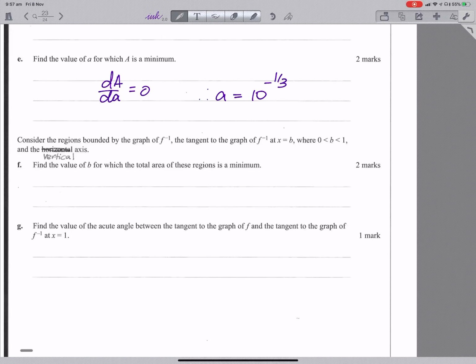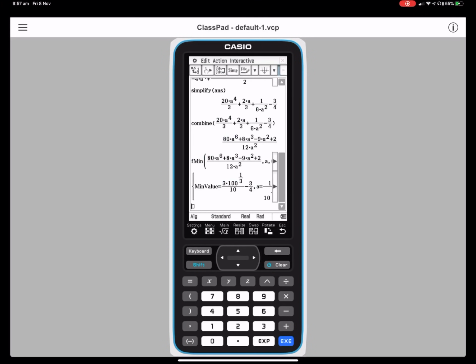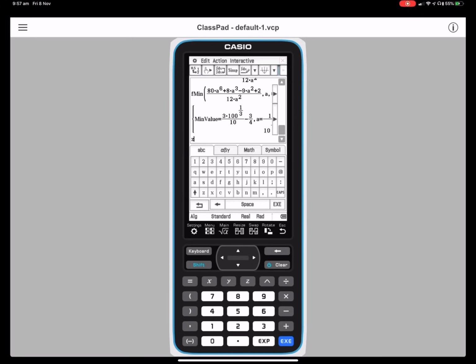We know f of A is f of 10 to the negative 1/3, which is f of 9 on 10.